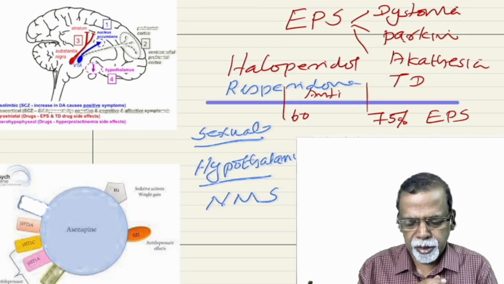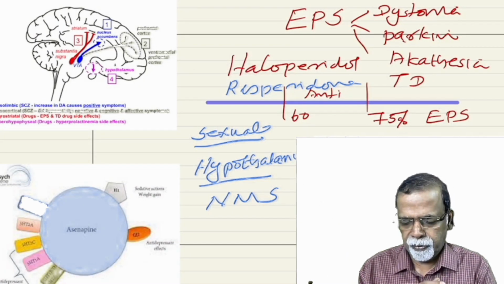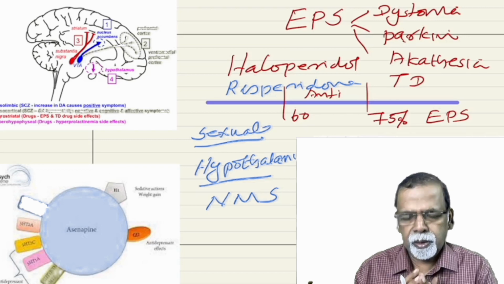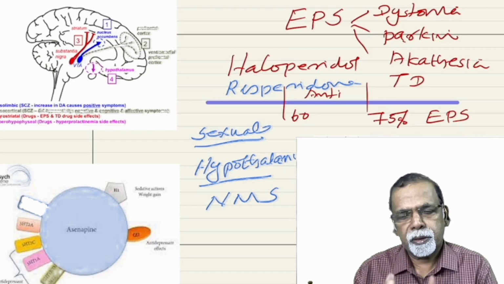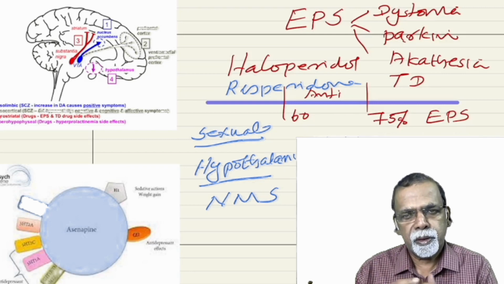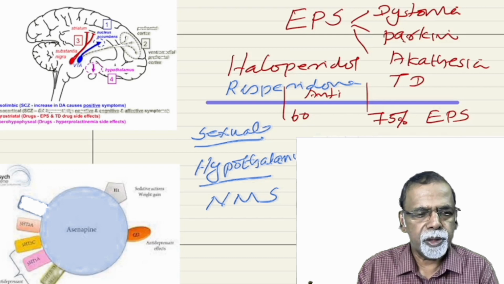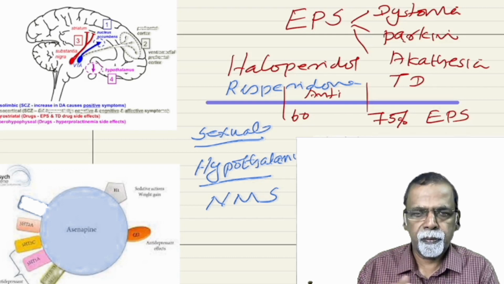Two characteristic laboratory findings are: one, elevated creatine phosphokinase in thousands, and second, stress-induced leukocytosis. So NMS is an important side effect that you should remember, and this can occur with haloperidol. It's well known. So any patient on antipsychotics developing fever, think about the possibility of neuroleptic malignant syndrome.